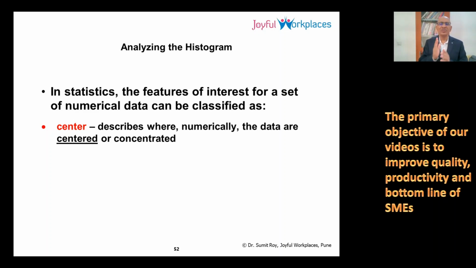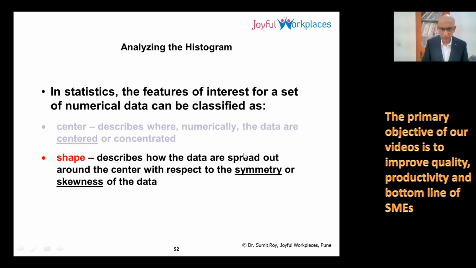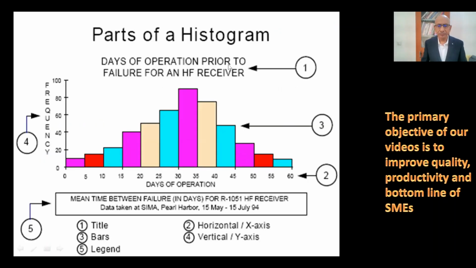The first is centering. So we need to understand कि ये histogram का center कहाँ पर है. Okay, center describes where numerically the data are centered or concentrated. So let's say the data is centered, in this case of the HF receiver, between the 30 to 35 class interval.